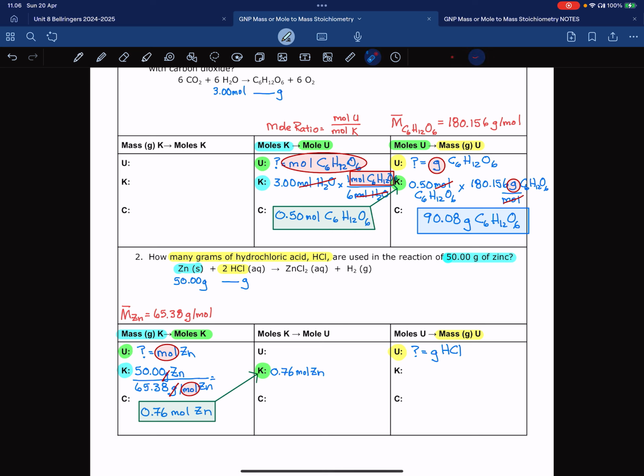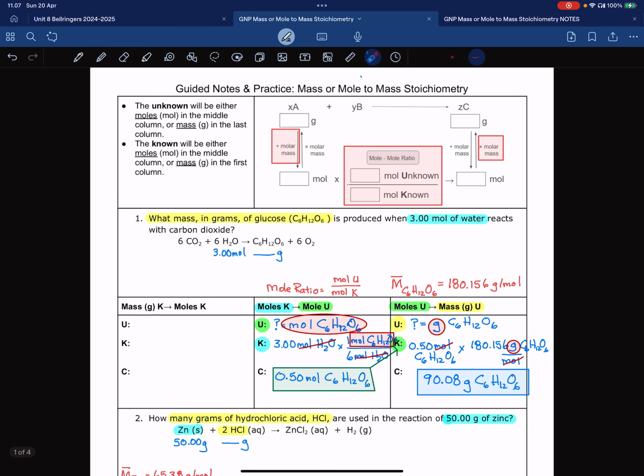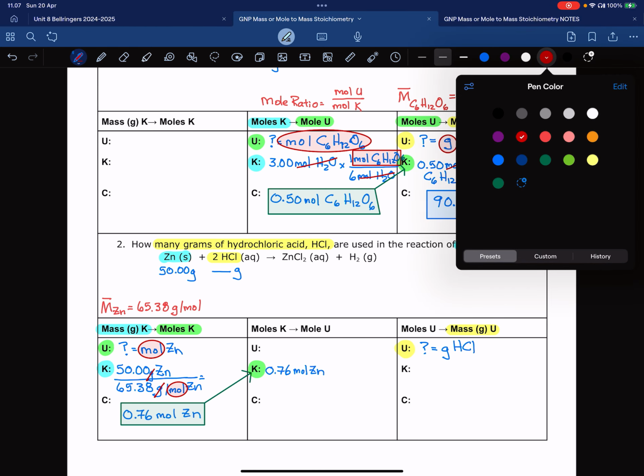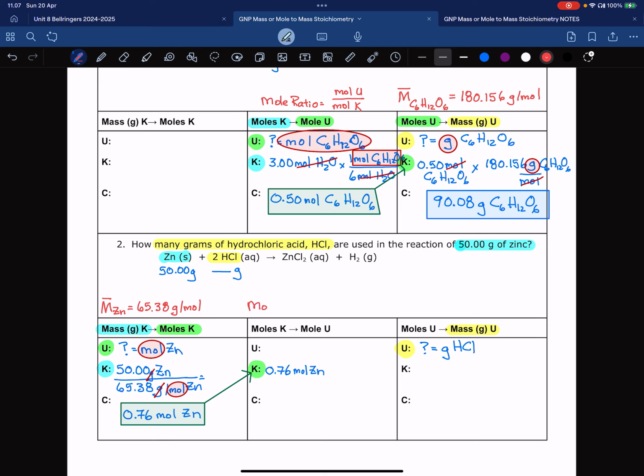Now, this middle box is always the same. Okay? So I've got moles of zinc as my known. I'm going to be going to moles of the unknown. So I'm here. That means, just like above, I'm going to be using the mole ratio, which is moles of unknown divided by moles of known.